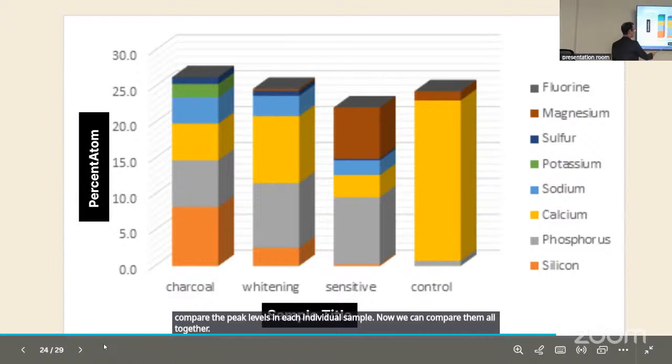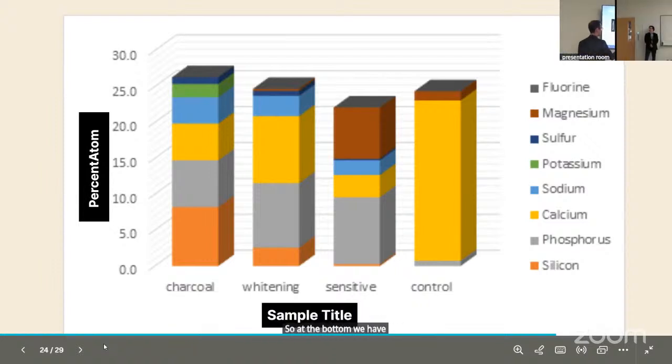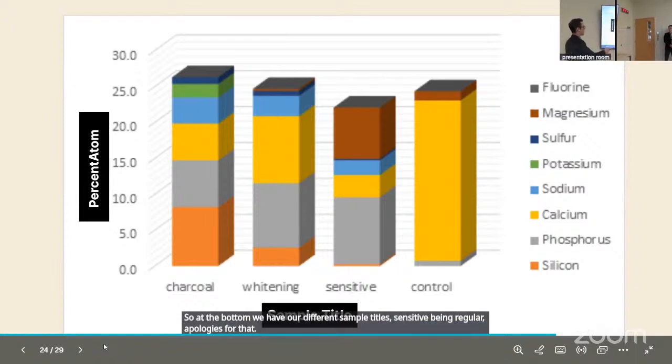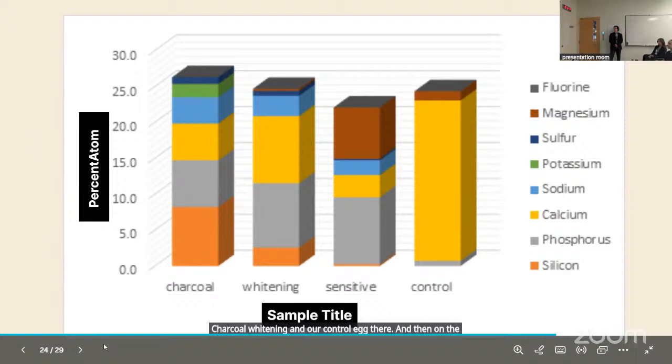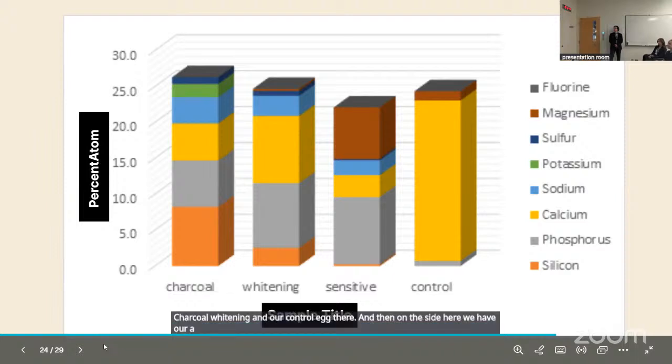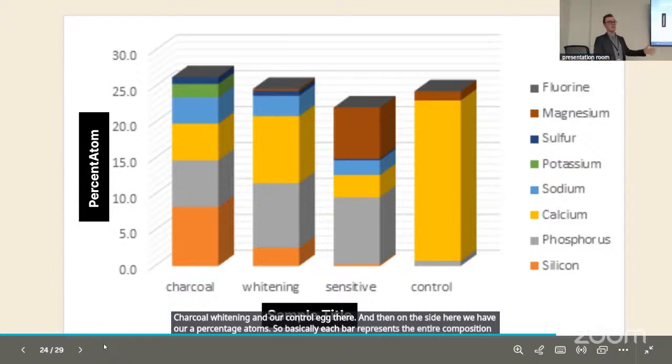At the bottom we have our different sample titles: sensitive, regular, apologies for that, charcoal, whitening, and our control egg there. And on the side we have our percentage atoms. Each bar represents the entire composition of the elements detected in the sample, and the different colored spaces indicate the proportion of that entirety that those individual elements took up.